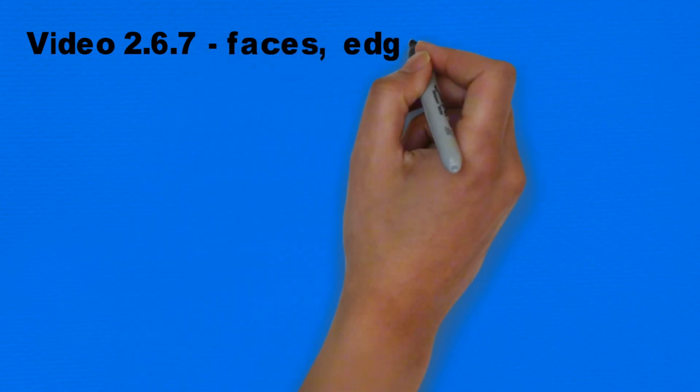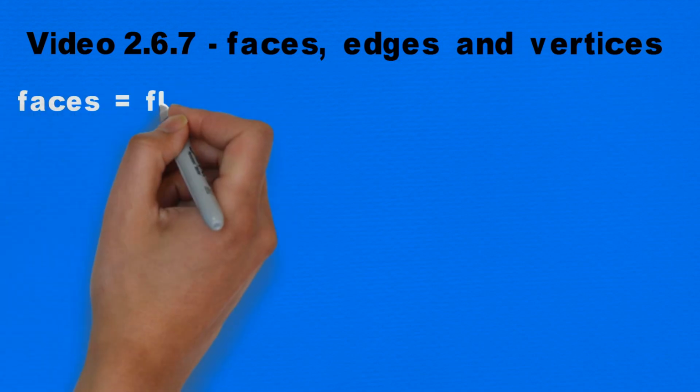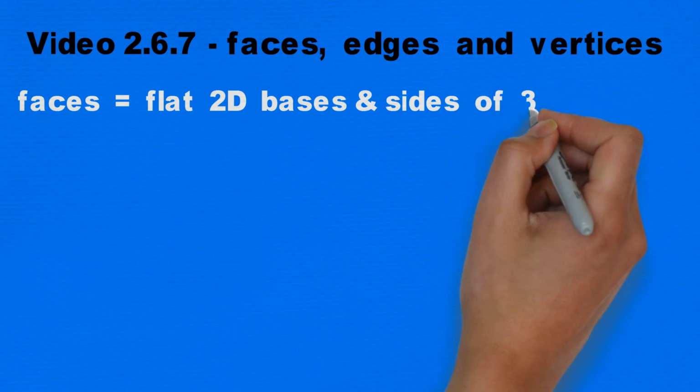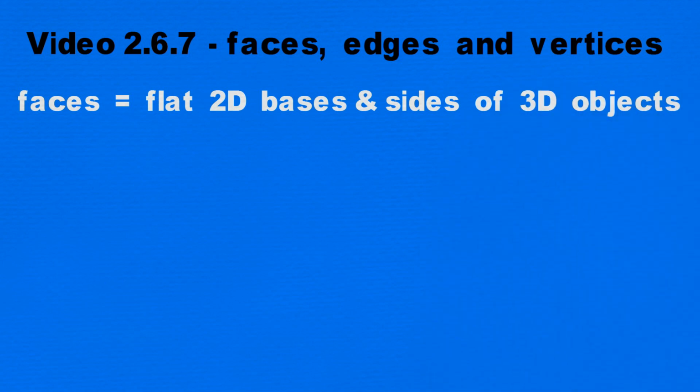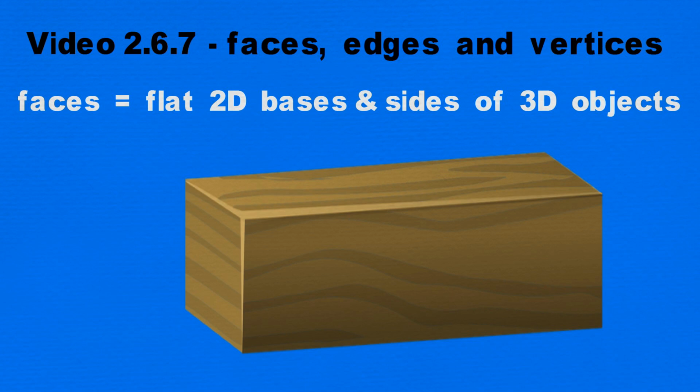In video 2.6.7, Max and Min learned about the faces, edges, and vertices of 3D objects. The flat two-dimensional bases and sides of a three-dimensional object are called faces.